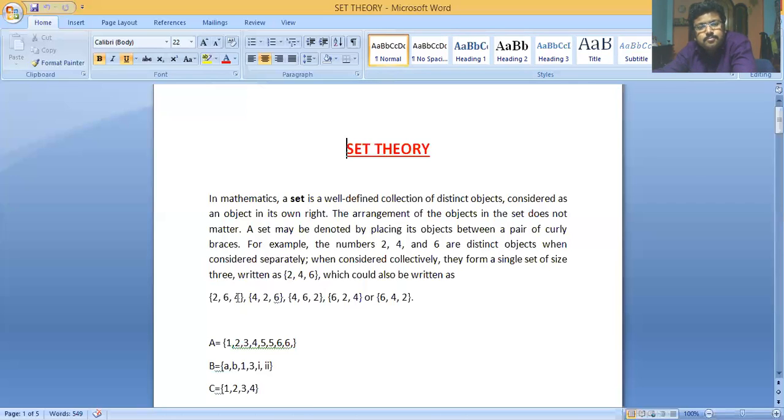Now, it has distinct objects, that is, 2, 6, 4 are distinct. And it is well defined.